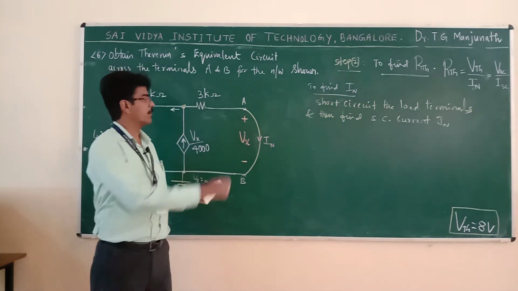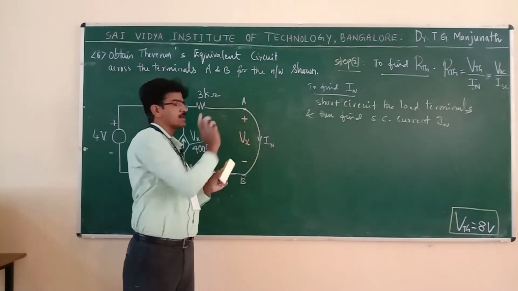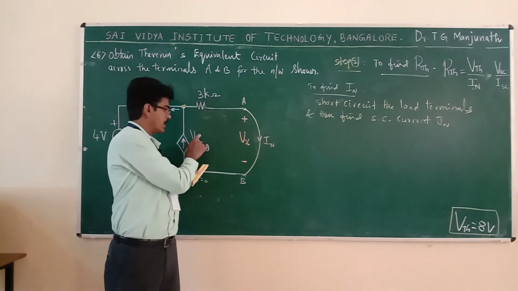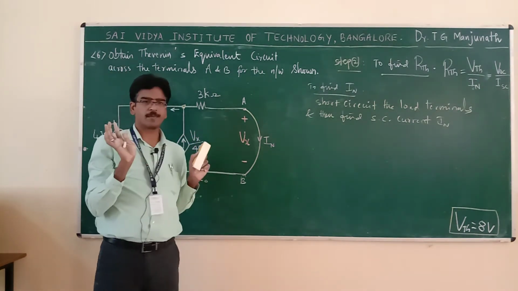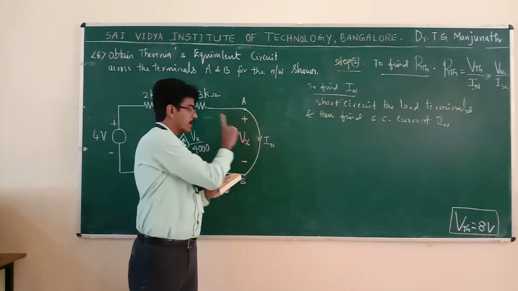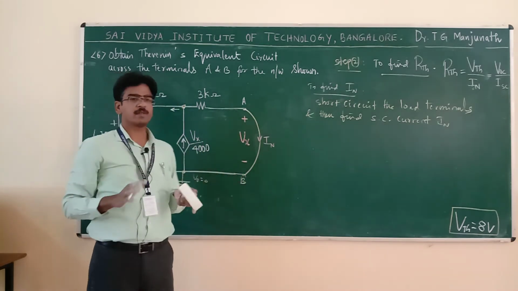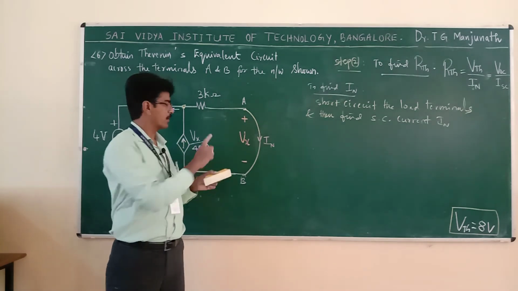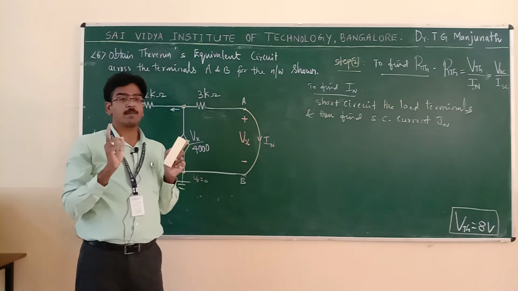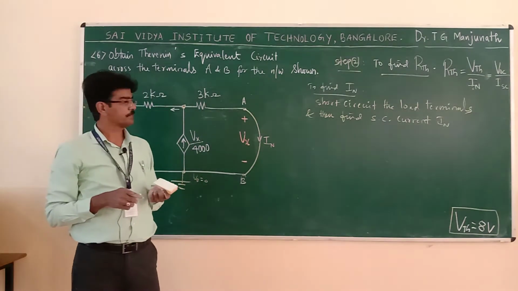Vx is equal to 0 because Vx is shown across the short circuit. Very important: when there is a dependent source, the dependent variable must be there in the network. When you are rewriting this circuit, if you miss writing Vx, then you cannot solve this problem. Therefore, when there is a dependent source, you must see where the dependent variable is in the given network.